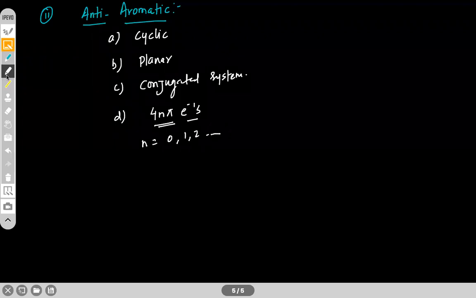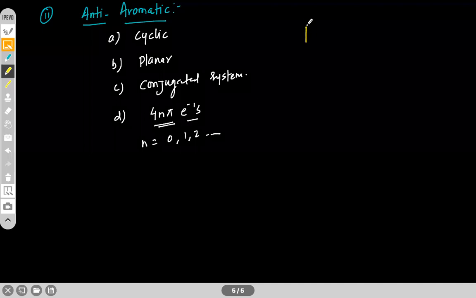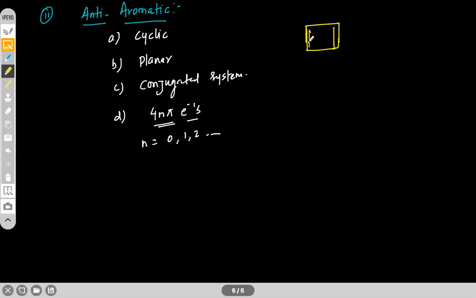For example, suppose you have this compound. Tell me. First of all, the carbon atoms are sp2 hybridized, so it is planar. Cyclic.